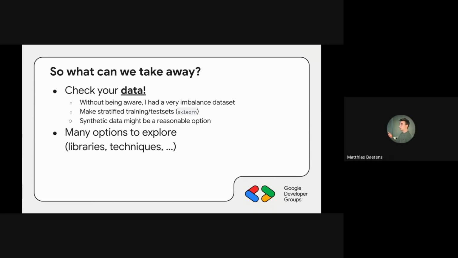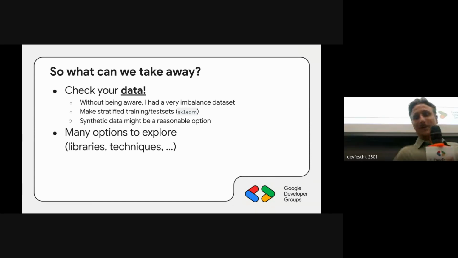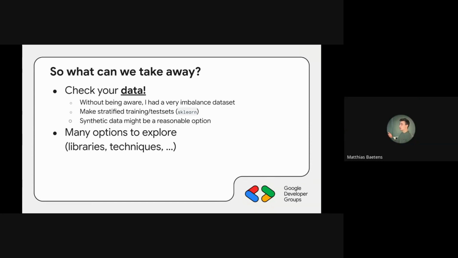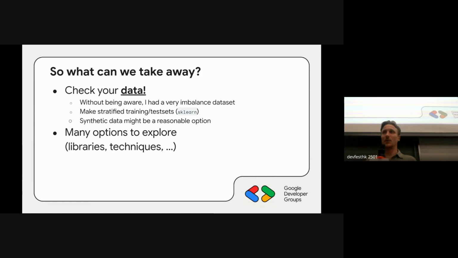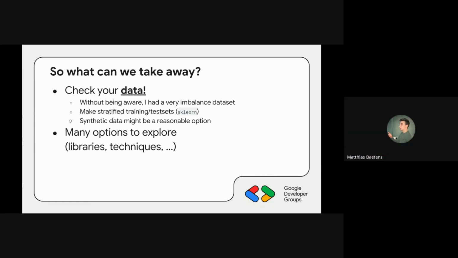Check your data. This is another thing I would encourage you to do. Without being aware, you may end up training on a very skewed data set. Use stratified training and test sets. And if you're in a position where there's not abundant data, maybe synthetic data is really helpful for you.